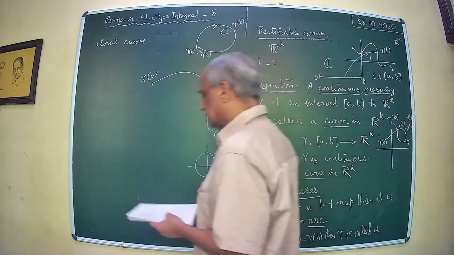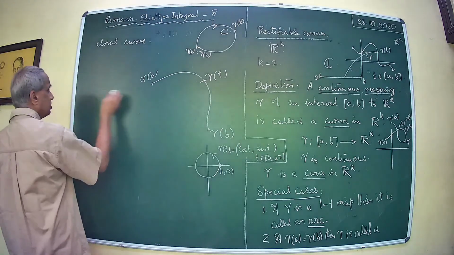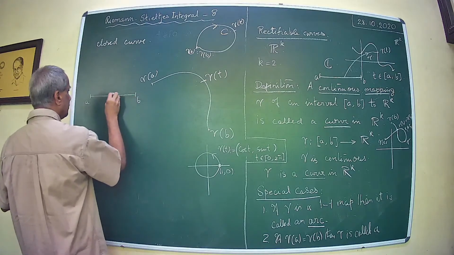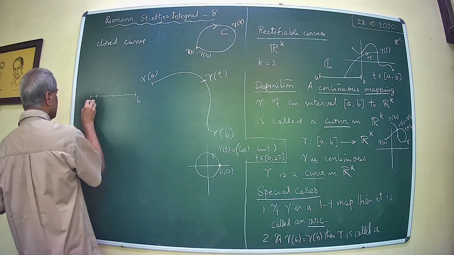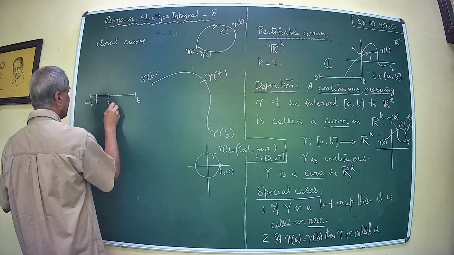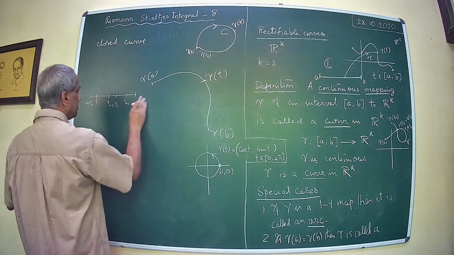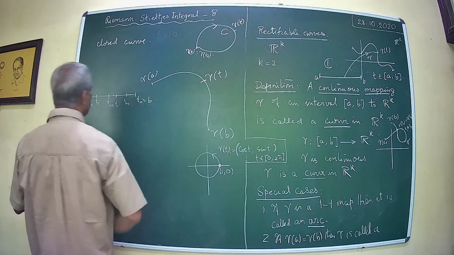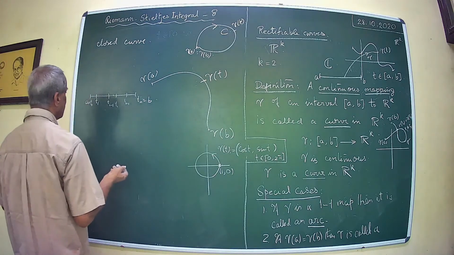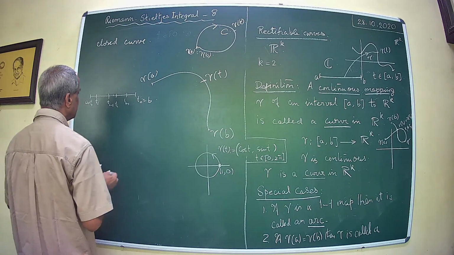Now what one does is the following. We have the t interval, A to B. Now we introduce a partition with t0, t1, t(i-1), ti, t(n-1).